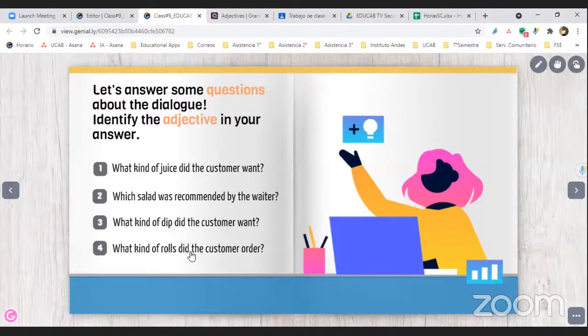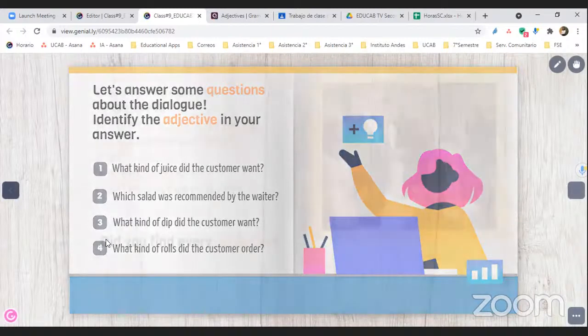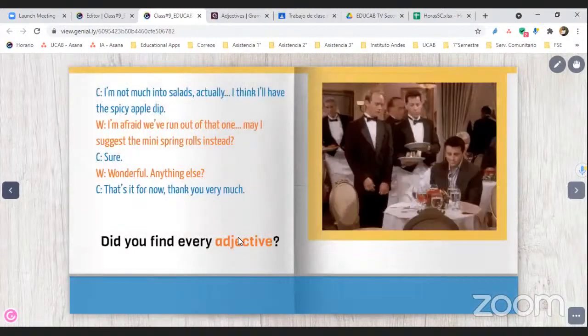Maybe Luisana or Leticia that read the story there. Okay, we're with the next one about the rolls. I'm going to put here the dialogue so you can tell me the answer.